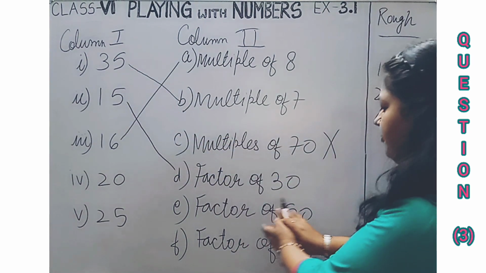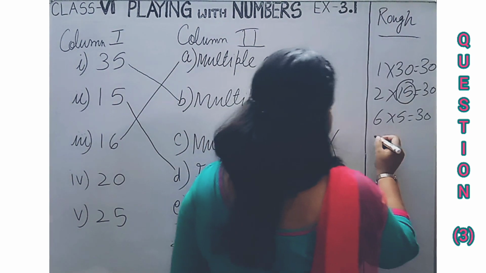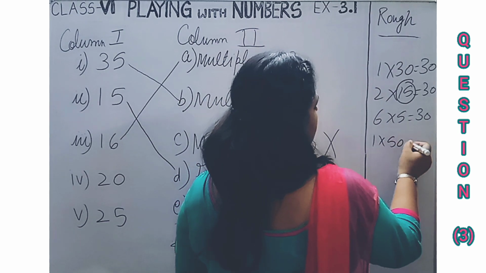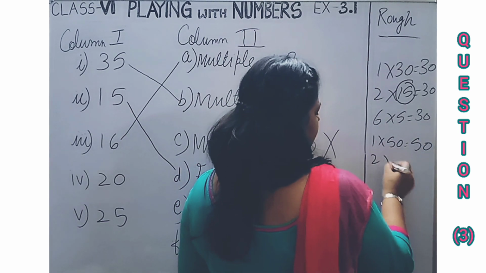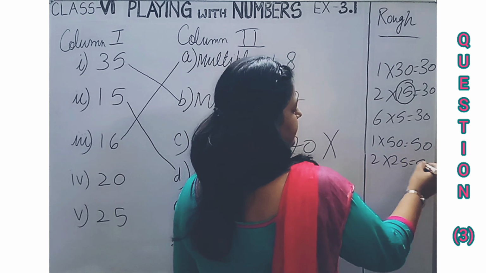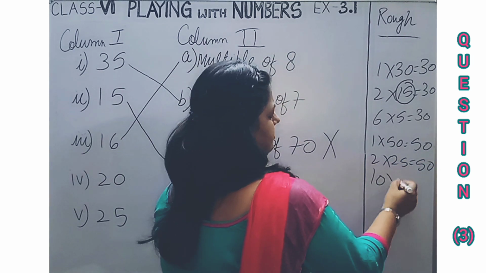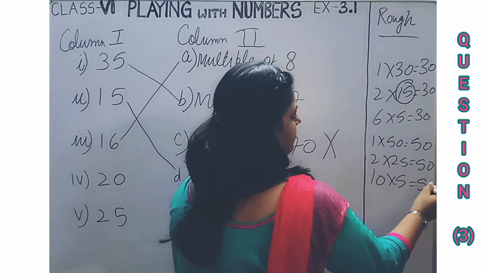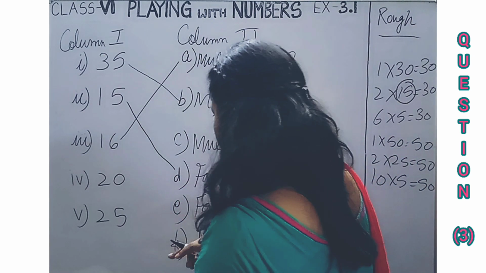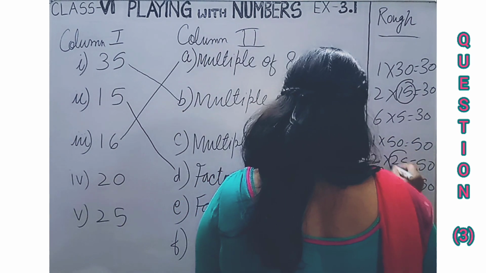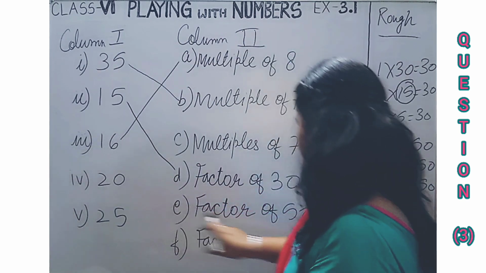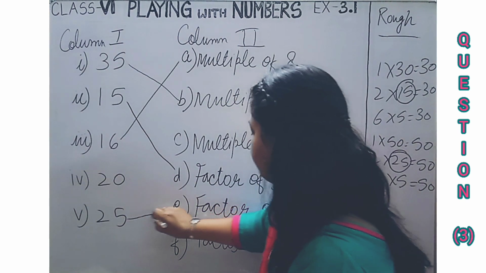Now come to factor of 50. Again table, 1 fifty is 50, 2 twenty-fives are 50 and 10 fives are 50. We have to check which number is going to be here. Now 25, this 25 is factor of 50. This will go with this.